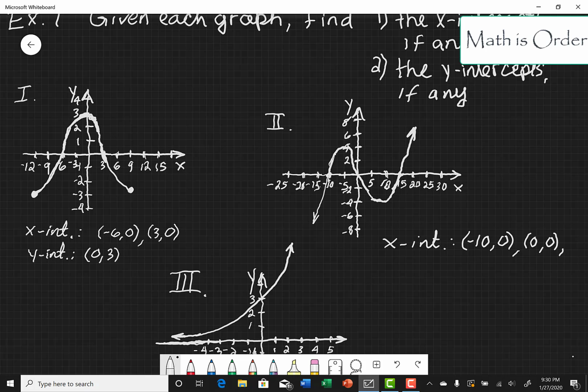And also at (15, 0). All right, and where are the y-intercepts for this graph? The graph appears to cross the y-axis at one location, and that is (0, 0).